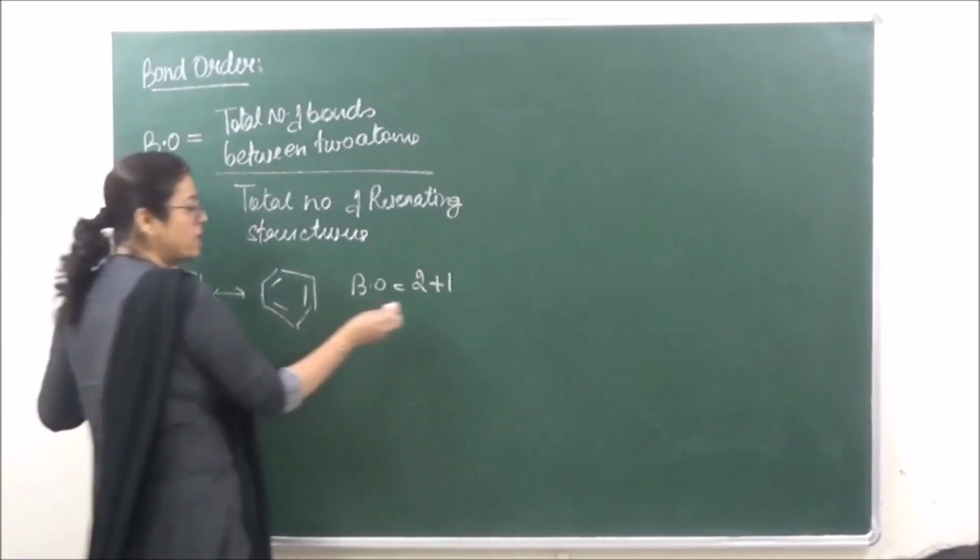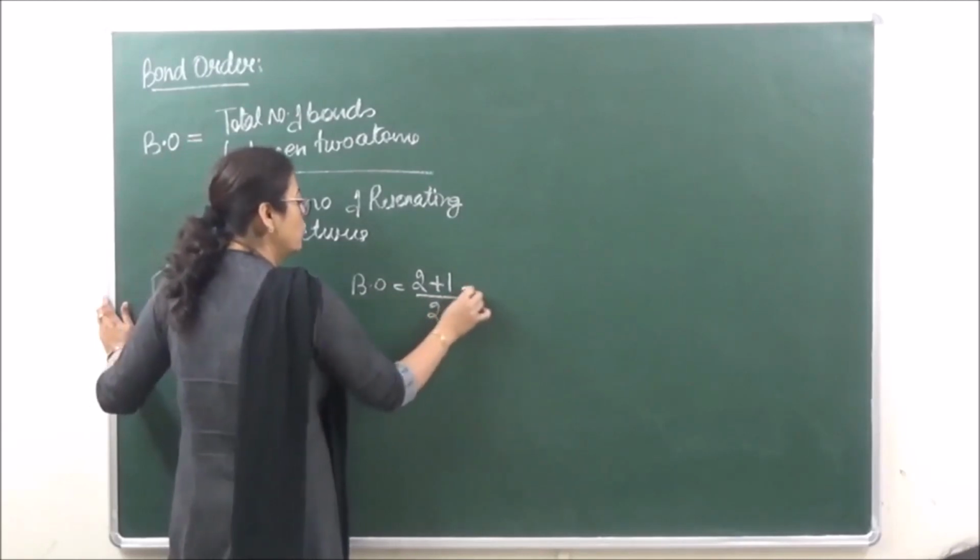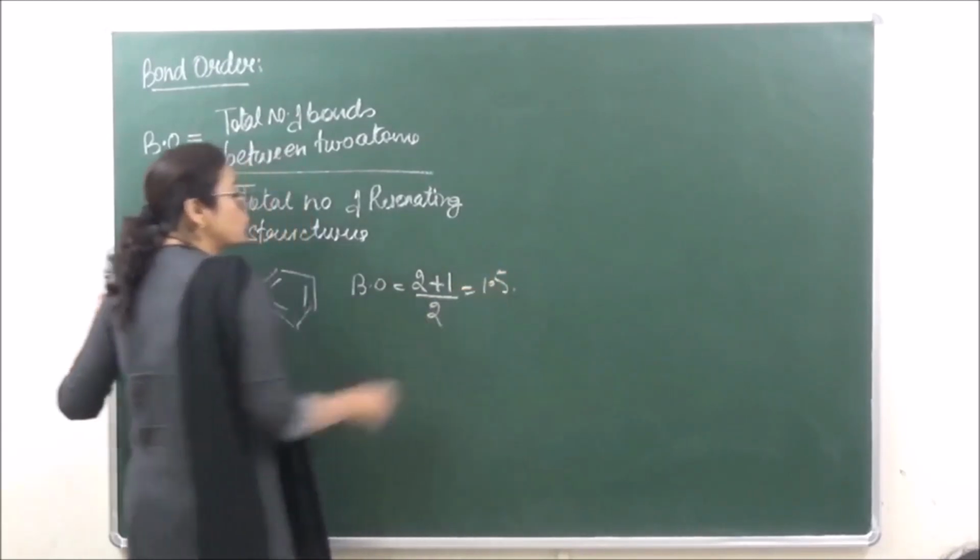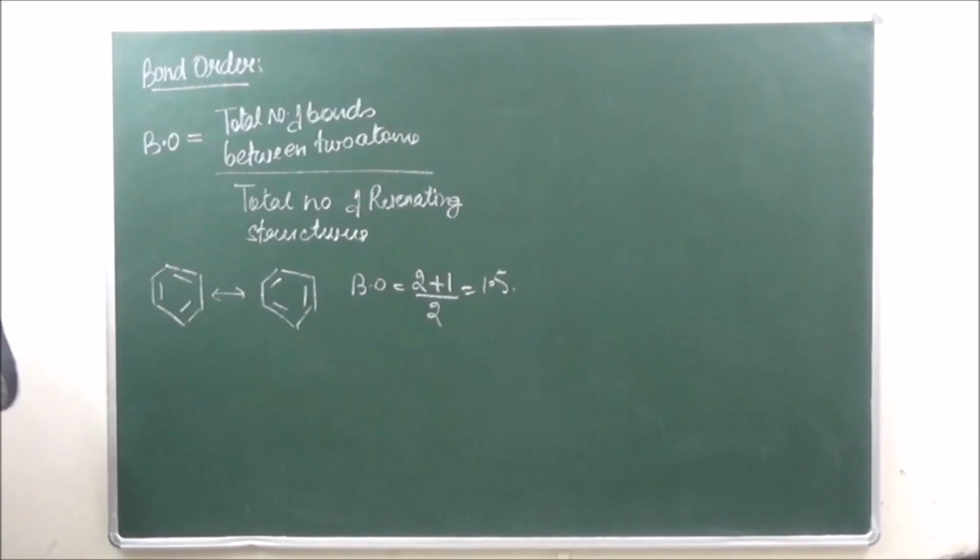There are 2 resonating structures, so divided by 2 the bond order comes to 1.5.